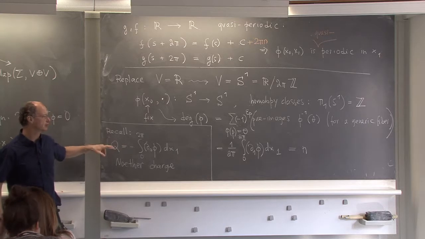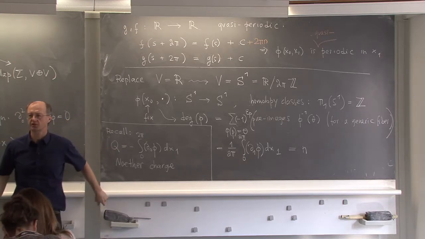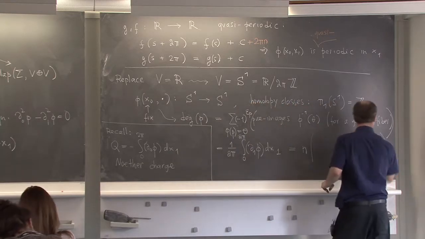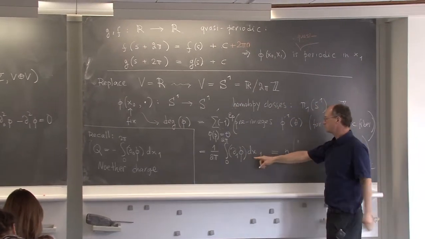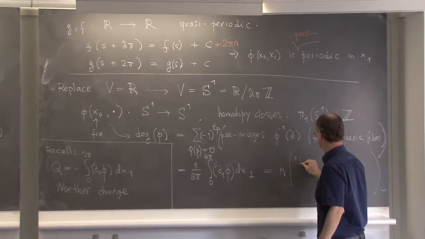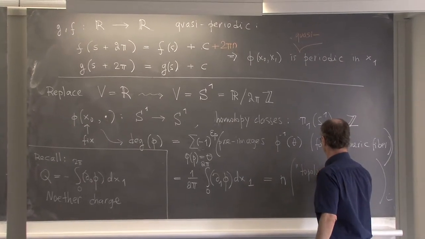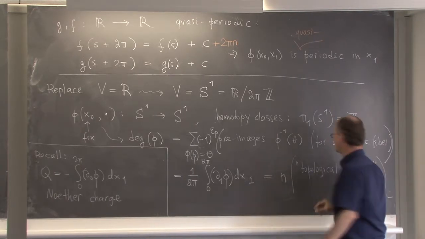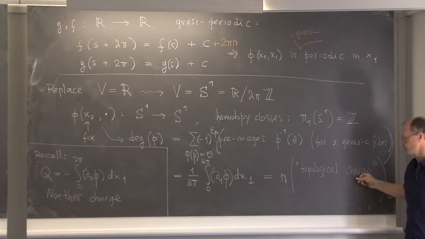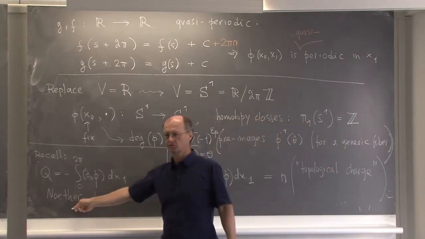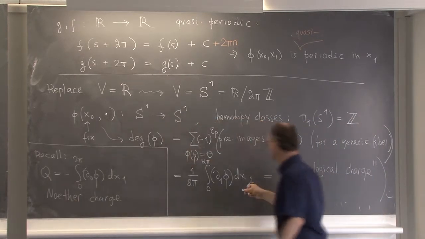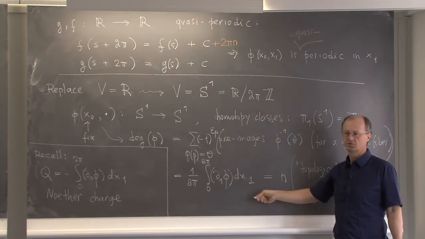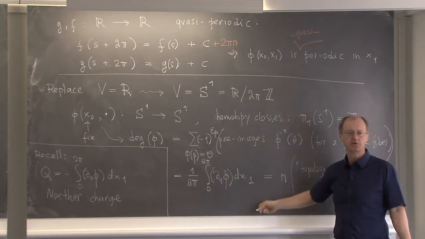So this thing was conserved because there was some symmetry in this theory. The physicist would call the degree of this map a topological charge, in analogy to the Noether charge. Of course, this expression cannot change with time, just because it's a homotopy invariant, right?